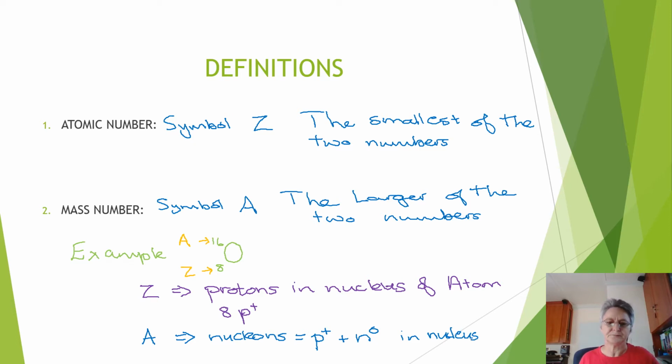Of the atom. Now, scientists have discovered that atoms of an element can have different numbers of neutrons in the nucleus, so the mass number will change, but atoms of an element can only have a specific number of protons in the element.